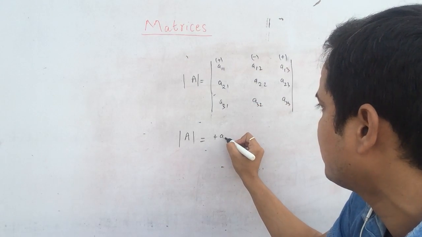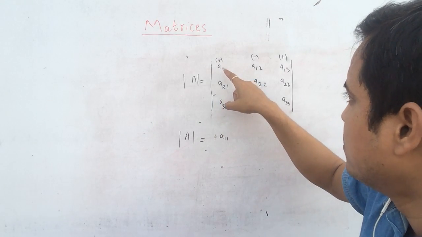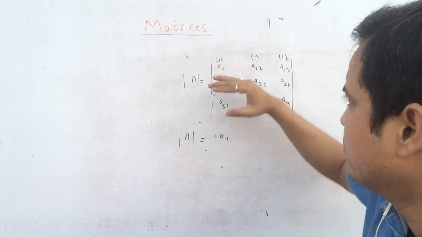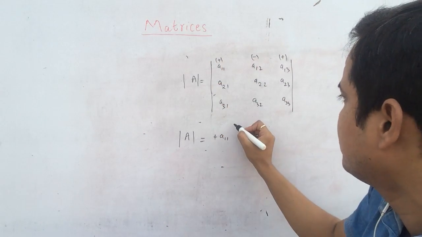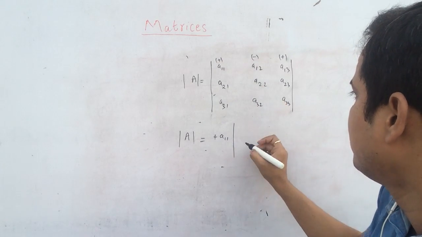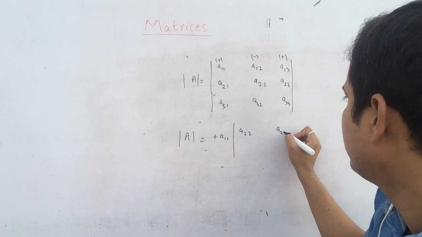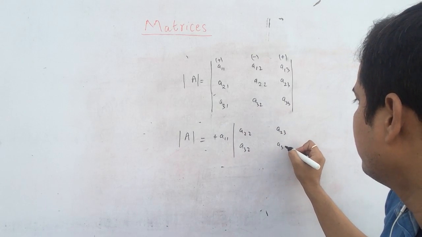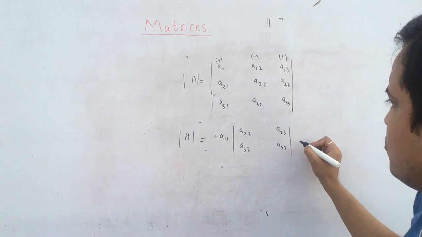Plus A11, then remove the elements of first row and first column. What would you get? A22, A23, A32, A33. Now you write minus A12.